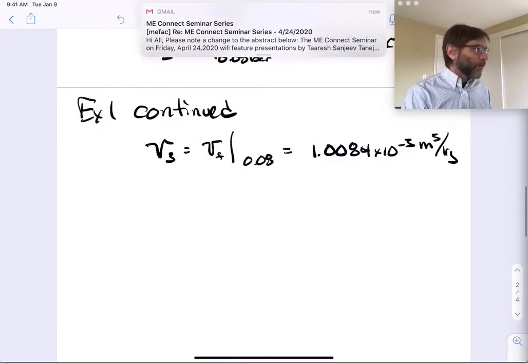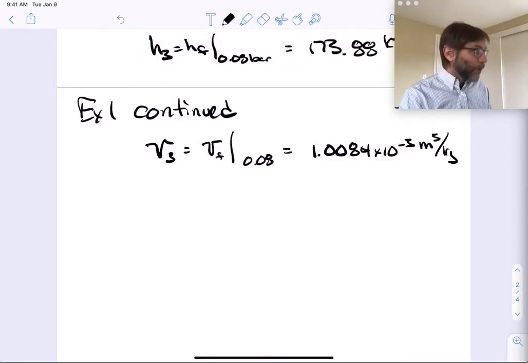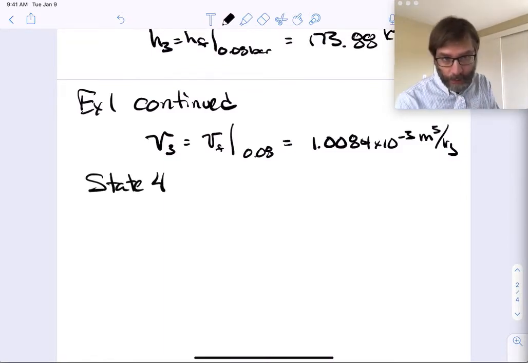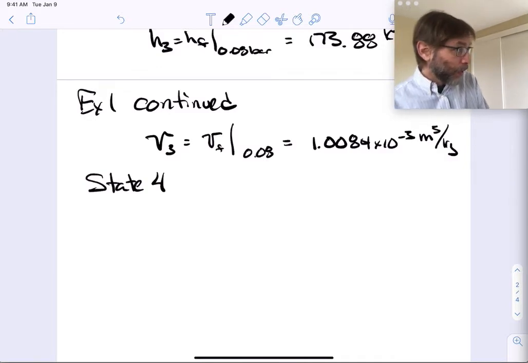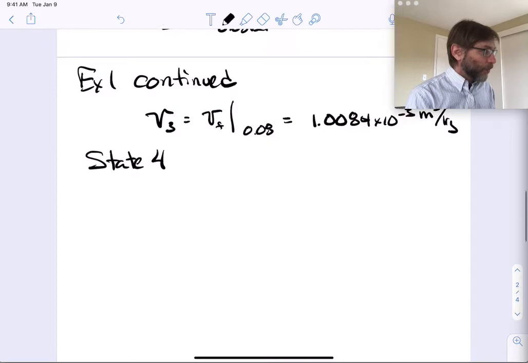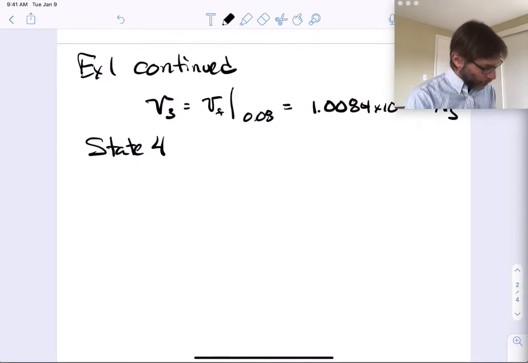Okay, so then we have that, and then state 4. We only need two intensive properties to fix the state. We can find S if we wanted, but we don't need it, as I said. So H4 we can find.